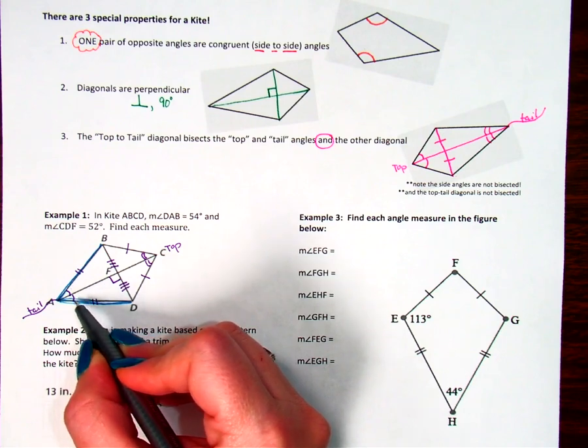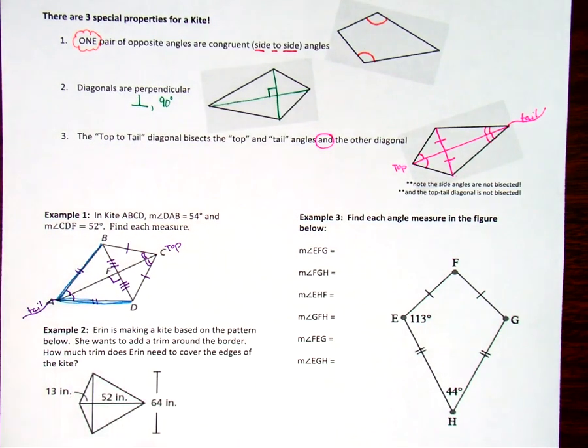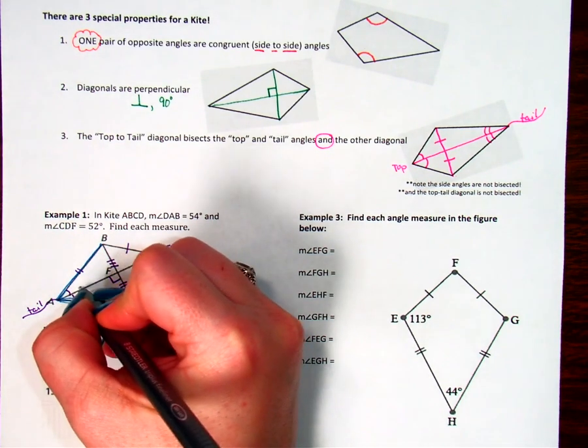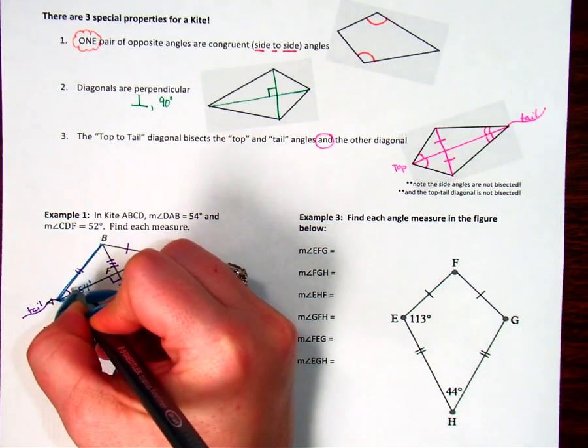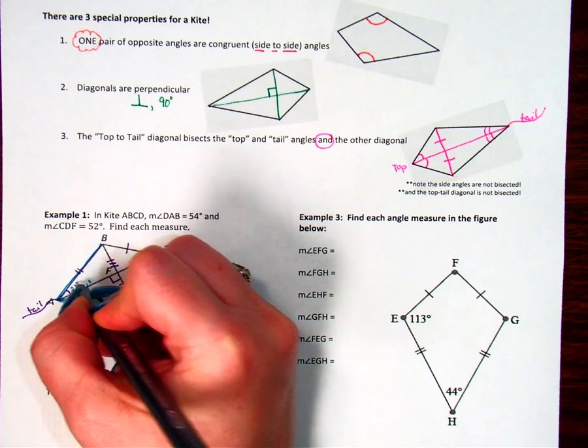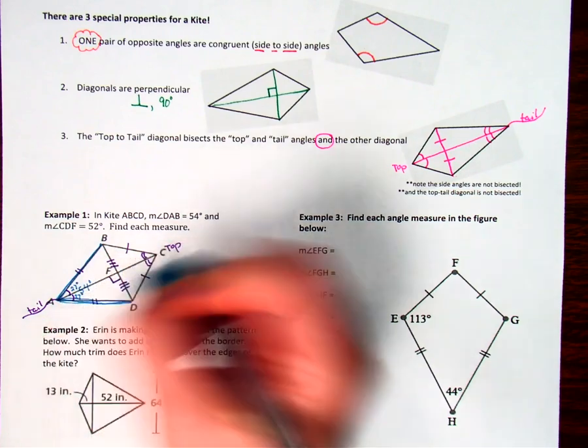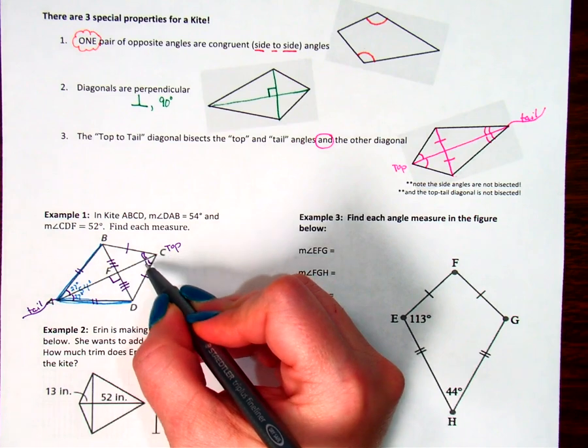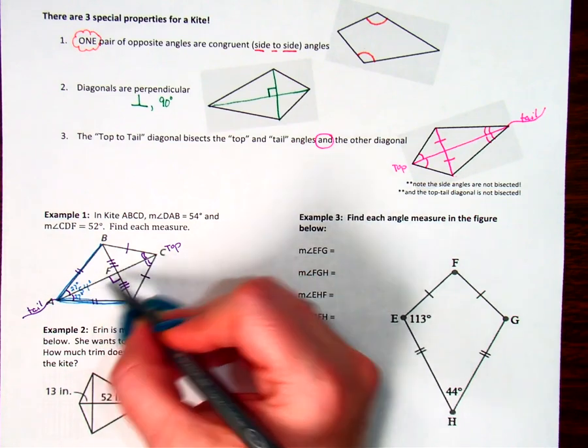I believe that's going to be, let's see, 54 divided by 2, is that 27? Is 27 degrees. So if this whole angle is 54 degrees, that means each angle here is 27 degrees and 27 degrees. These angles up here are not 27 and 27 because these angles on my top and my tail are different.